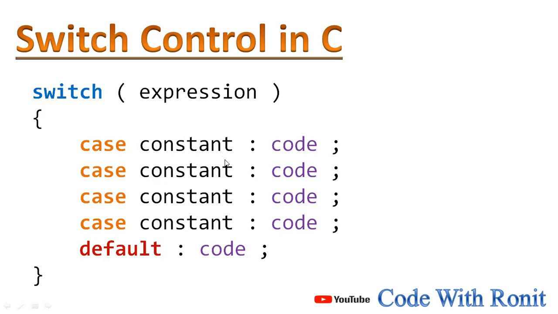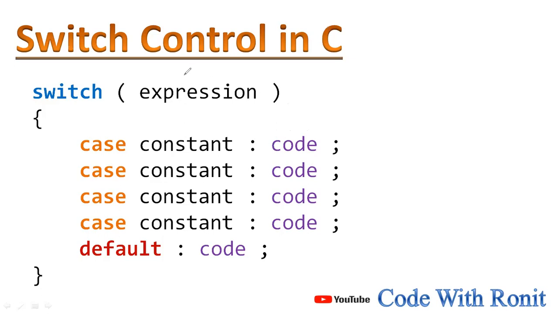So simply here also, suppose we write n in the place of the expression. If the value of n is equal to 1, and we write case 1, then this block of statements will be executed.